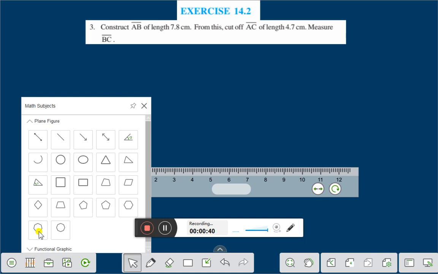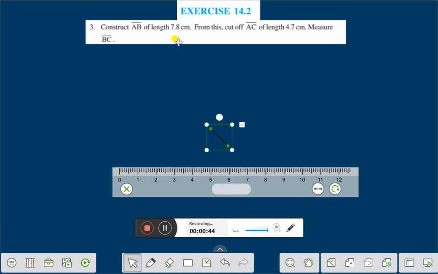Now let us take one line segment. It is 7.8 centimeter. Take 2 points, take 1 point at the 0 point, and take another at 7.8 centimeter.